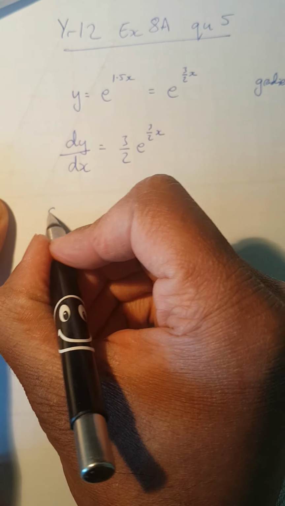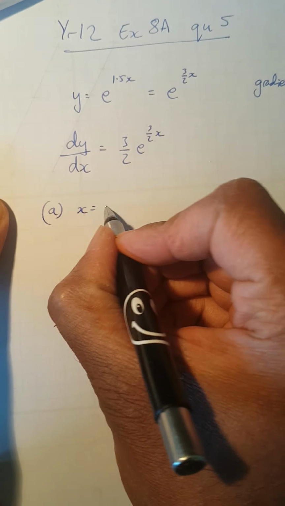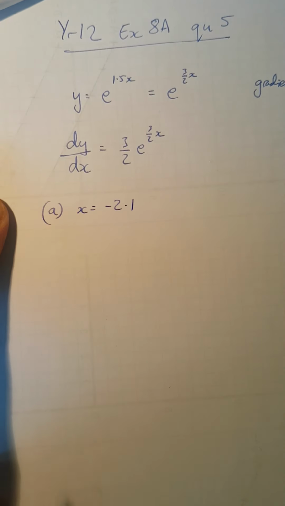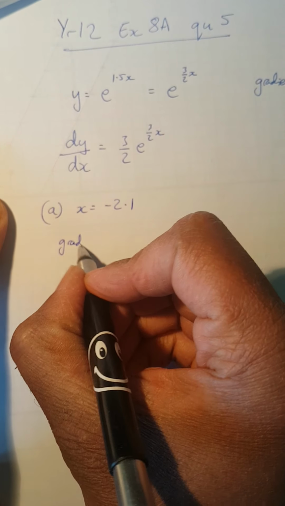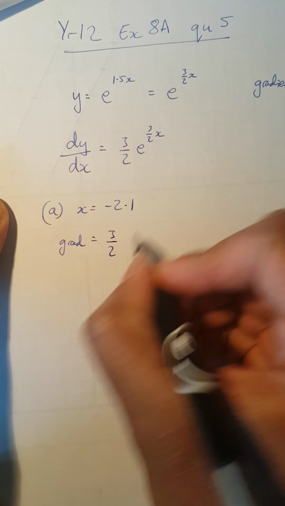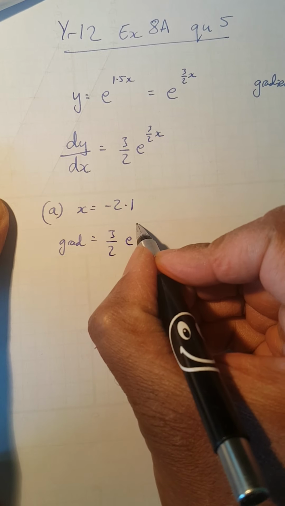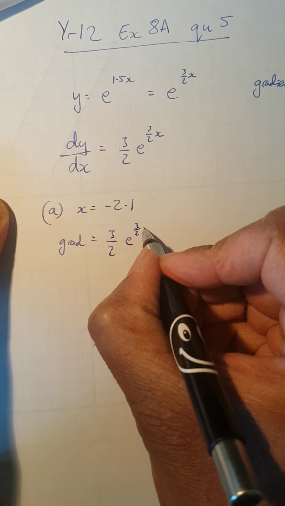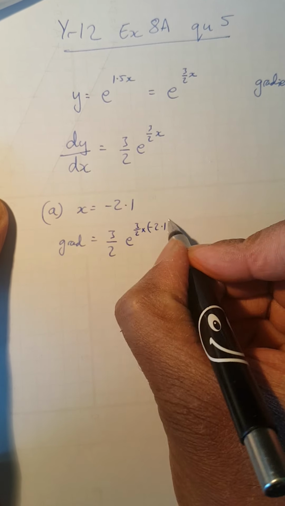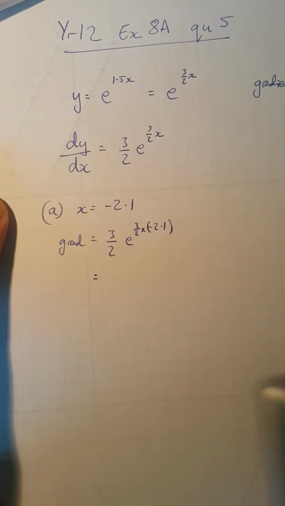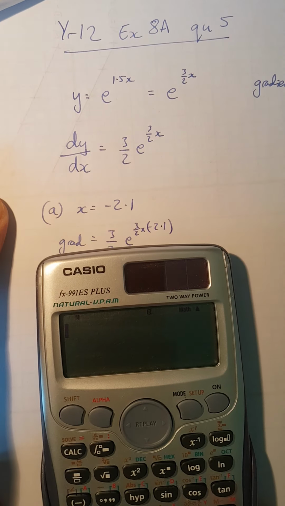In part A then, I'm told that x is equal to negative 2.1, and simply the gradient then is 3/2, using this formula over here, e to the power 3/2 times negative 2.1. And all we do is put that into a calculator and we're sorted.